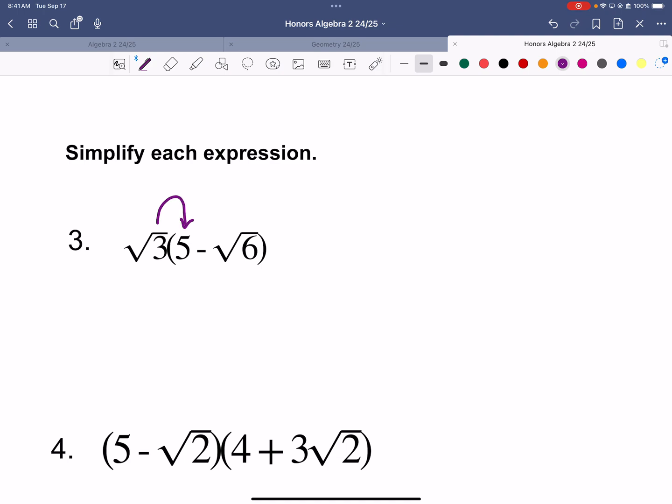So the 5's on the outside, so I just take 5 times what's understood to be there as a 1. So this just becomes 5 radical 3. Now I have to take radical 3 times negative radical 6. So 3 times 6 is 18. So that's minus radical 18.